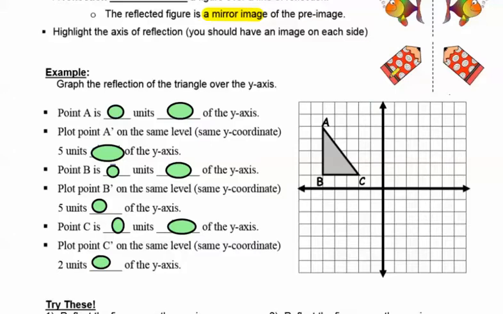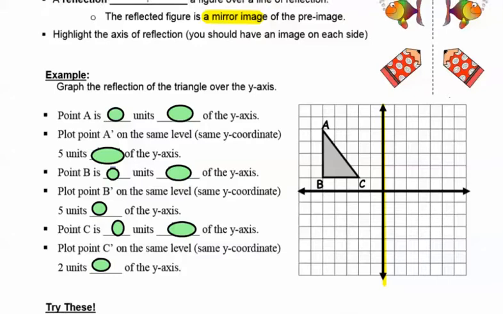So I would highlight lightly the y-axis. Now, since we are reflecting over the y-axis, we're going to have our pre-image here and our image on the other side.